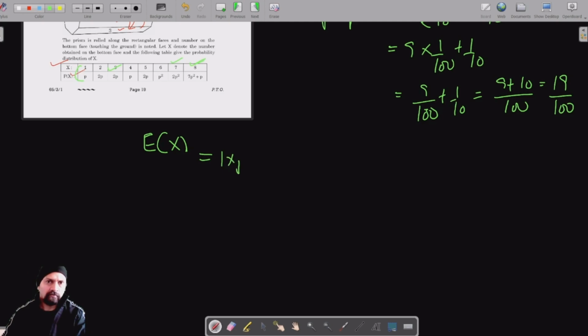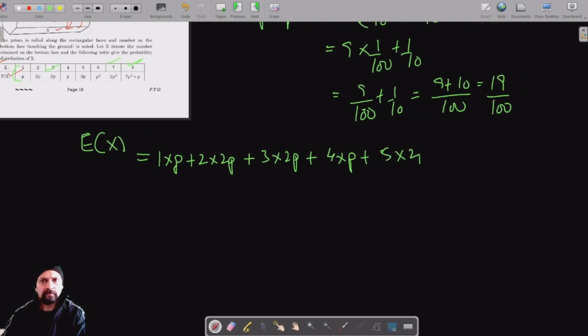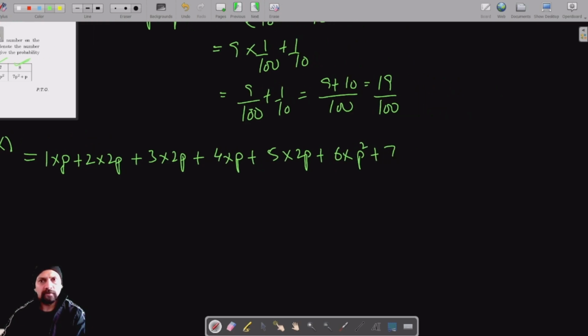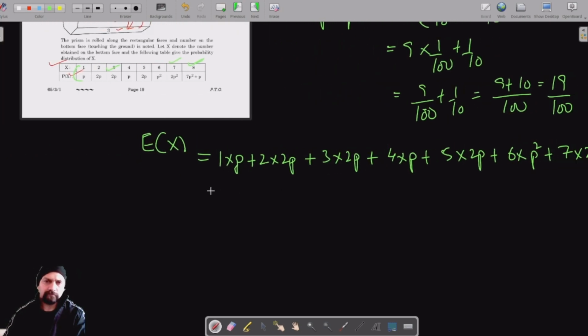So it's 1 into p plus 2 into 2p plus 3 into 2p plus 4 into p plus 5 into 2p plus 6 into p square plus 7 into 2p square plus 8 into 7p square plus p.